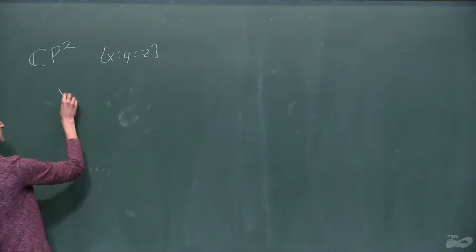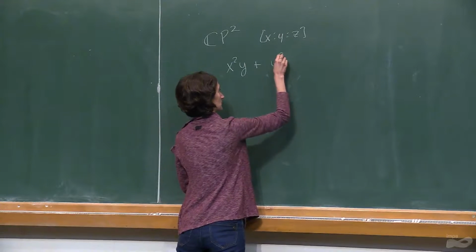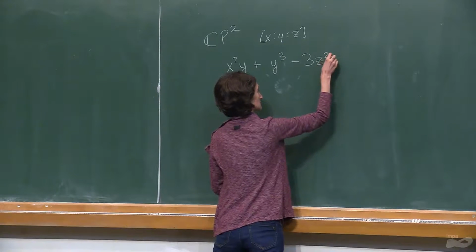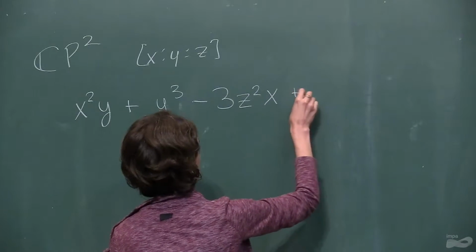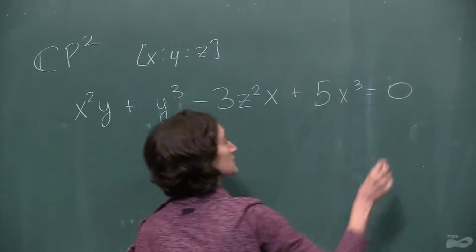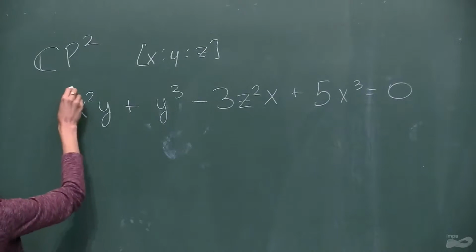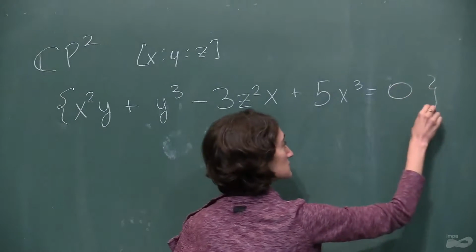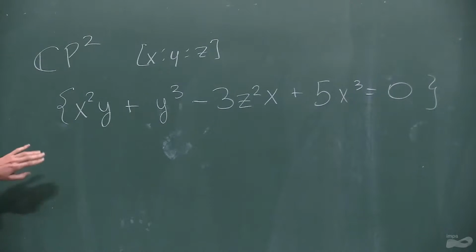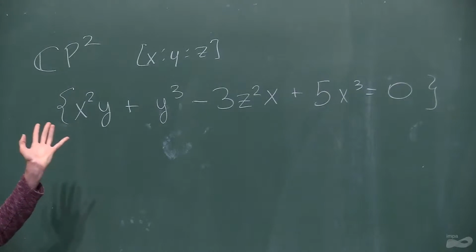So maybe something like x squared y plus y cubed minus 3 z squared x plus 5 x cubed is 0. We want it to be homogeneous so that it's well defined in these coordinates, and that describes some complex curve, and I'm going to call it degree 3 because it's a degree 3 polynomial.